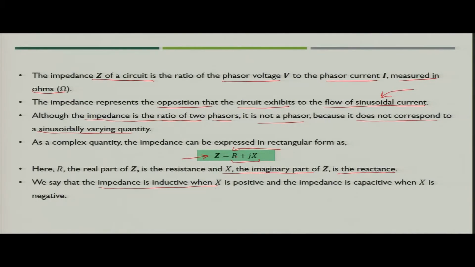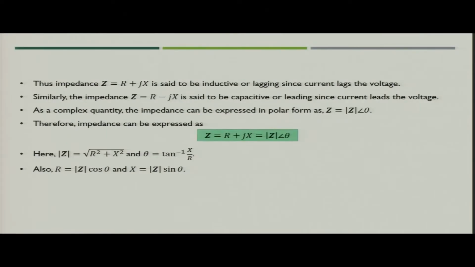So, if you are writing Z is equal to R plus jX and X is a positive quantity, it means that the impedance is inductive, while it would be capacitive when X is negative.